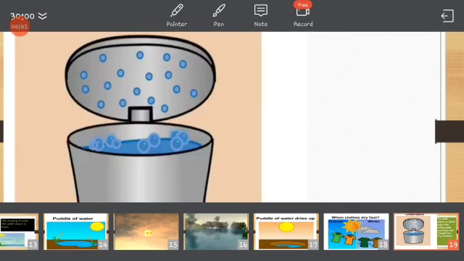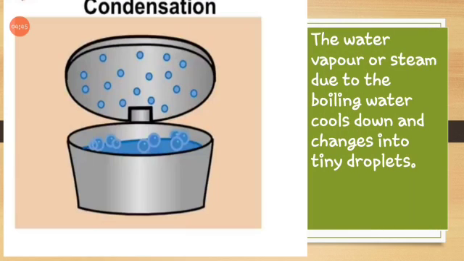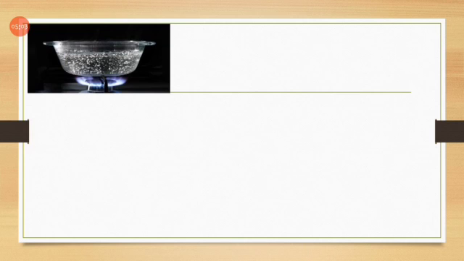The steam or water vapor from the boiling water cools down and changes into tiny droplets of water. This process is called condensation. Condensation is just the opposite of evaporation.